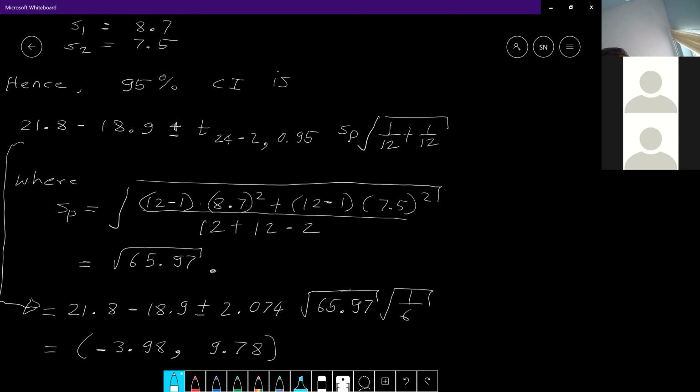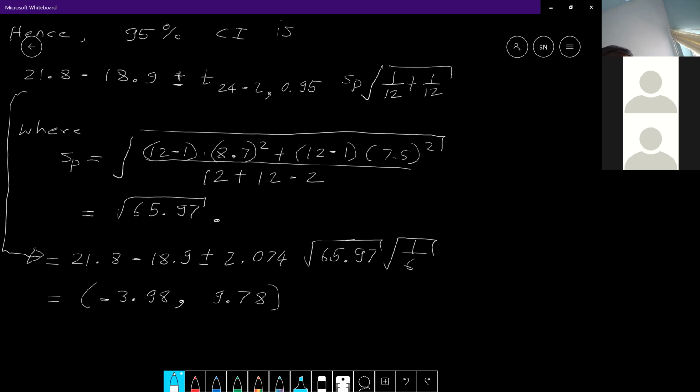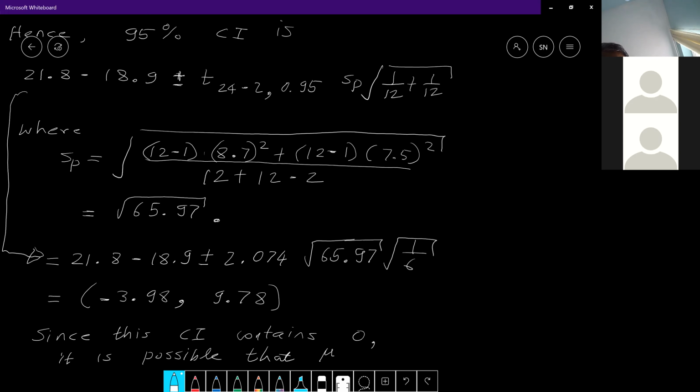Since the interval contains 0, it is possible that mu1 could be equal to mu2.